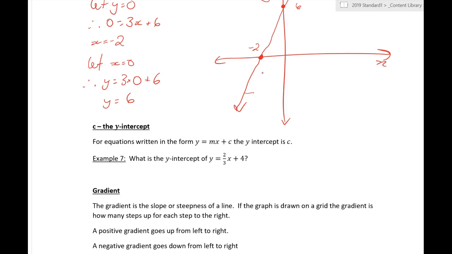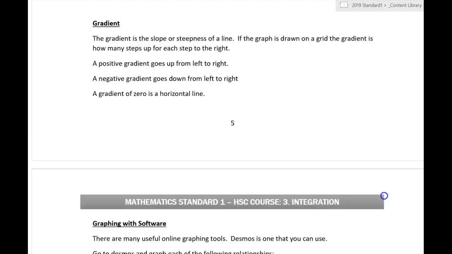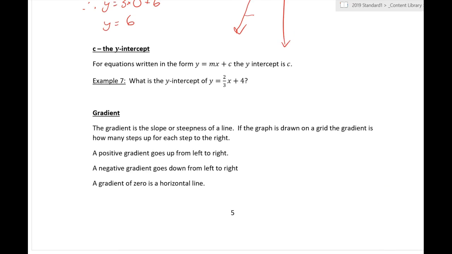One step to the right, however far away I am from the line, up or down, that's my gradient. So here, this has a gradient of 6. If I take one step to the right, I've got to make 6 steps upwards.